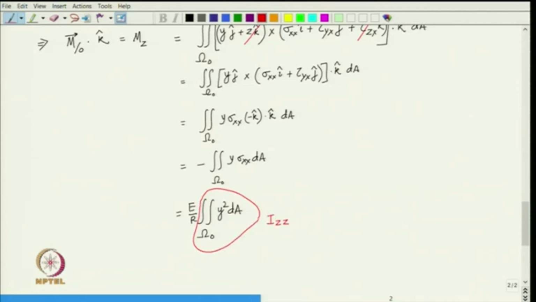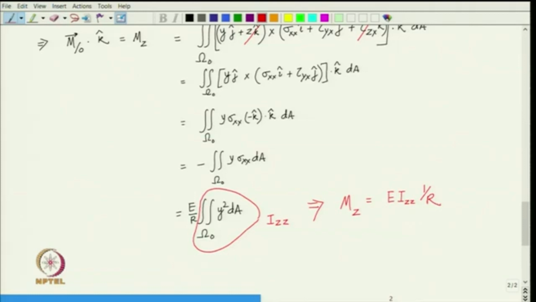So, what we have finally found out is that m z, which we have prescribed, should be equal to E times I z z times 1 over r. You see, the Young's modulus is the property of the material, I z z is the property of the cross section, because it is an integration over the cross section.